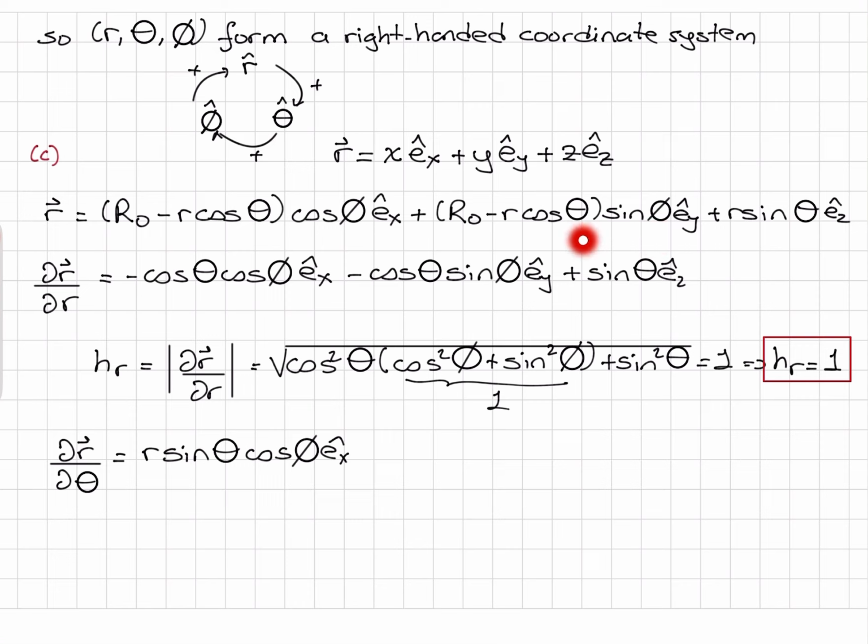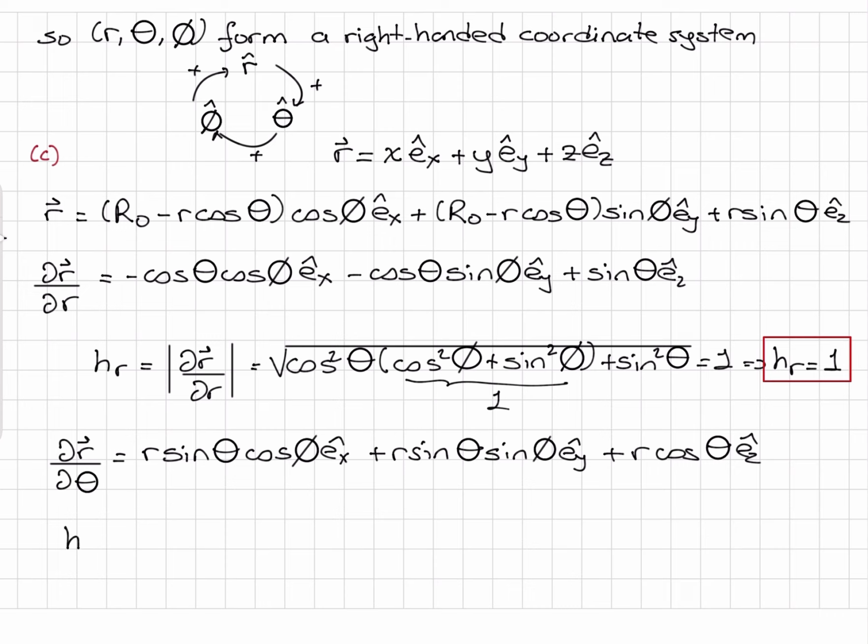And here I have the same thing, r sine theta, once again for the derivative of minus cosine theta, and sine phi in the e_y hat direction. And for r sine theta, the derivative with respect to theta is r cosine theta. So this gives us r cosine theta e_z hat.